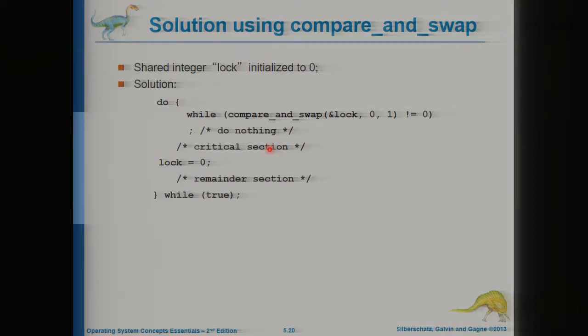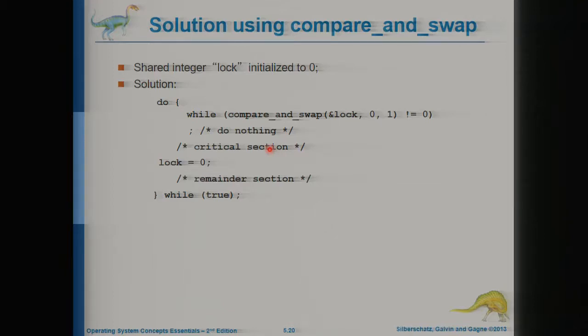Because the star value and expected value are not equal, the condition becomes false and we return temp. So the other process trying to acquire this lock, because the lock value is 1, it indicates that some process is executing in the critical section.